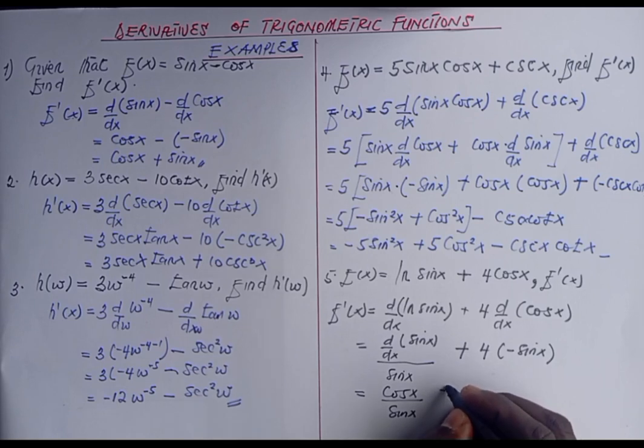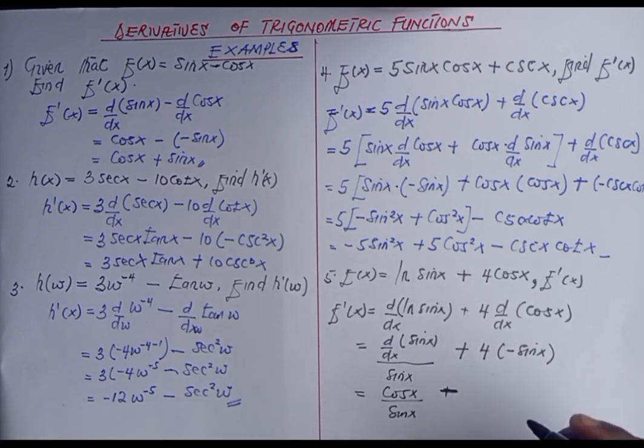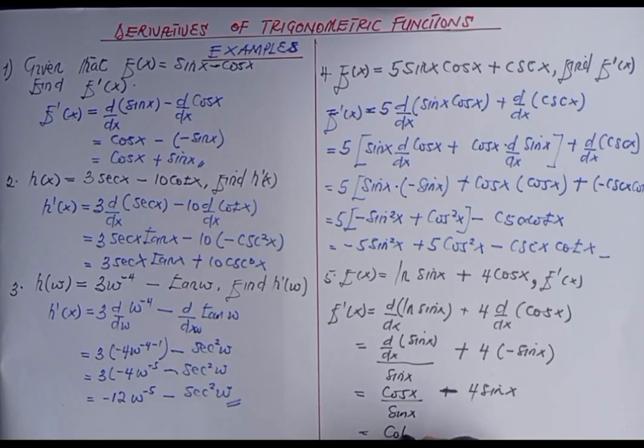And then we have minus 4 sine x. Now we know that cos x over sine x is the same as cot of the angle x, and then we have 4 sine of the angle x, and this becomes the derivative of this very function.